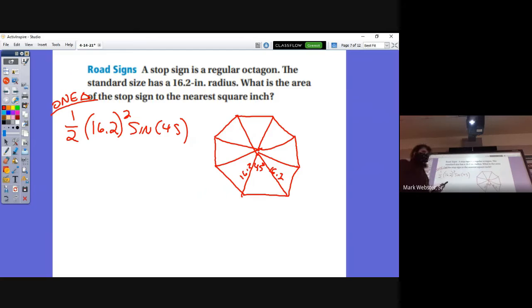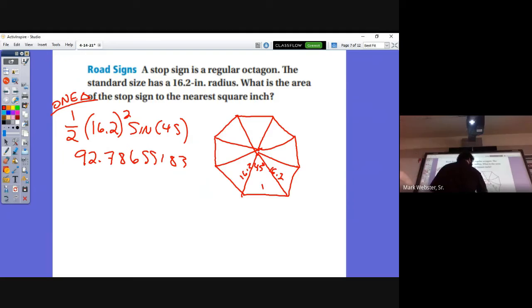That gives us 92 point something, right? Now, all I need to do from here is multiply by how many triangles there are. There's 8 of them, right? That's what we counted. 1, 2, 3, 4, 5, 6, 7, 8. So just take this and times 8.